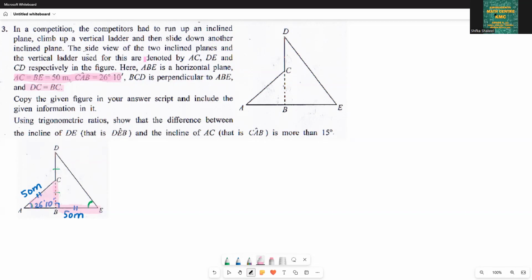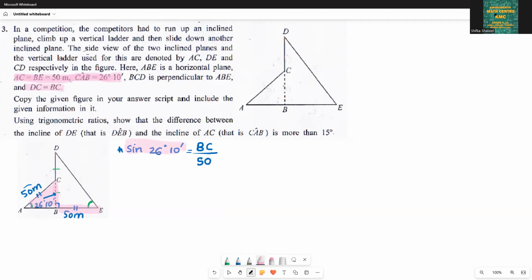So we can find this side using trigonometric ratios for this angle. This is the opposite side and this is the hypotenuse. Opposite and hypotenuse are connected with sine. So sine 26 degrees 10 minutes equals opposite over hypotenuse. Opposite side is BC, that is not given, over the hypotenuse, which is 50.